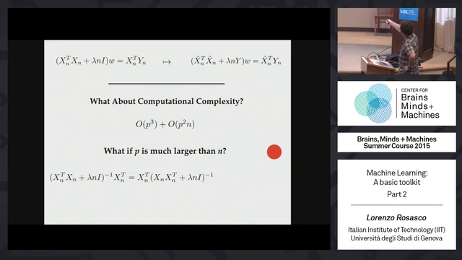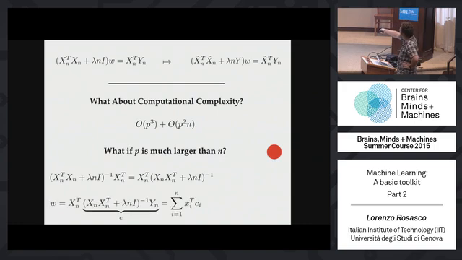Because look, now what I say is that my W is going to be X transpose of something. Okay? What is this something? So W is going to be X transpose of this thing here. How big is this matrix, first of all? So remember, Xn, how big was it?